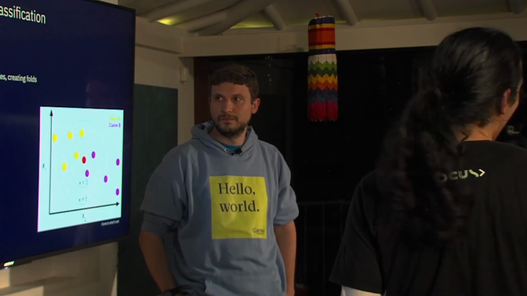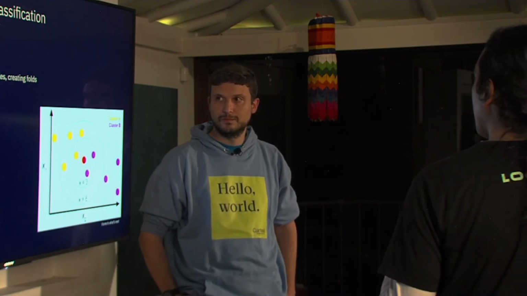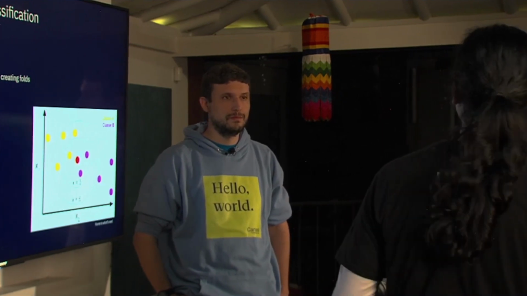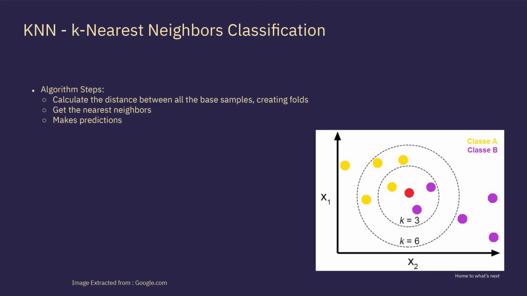So which K will be better for this problem? It will be like testing all the Ks. We normally test 3, 5, 6, and so on, depending. In the end, the accuracy or the statistics of the model will be based on what K you configure. But that's more like how KNN works.